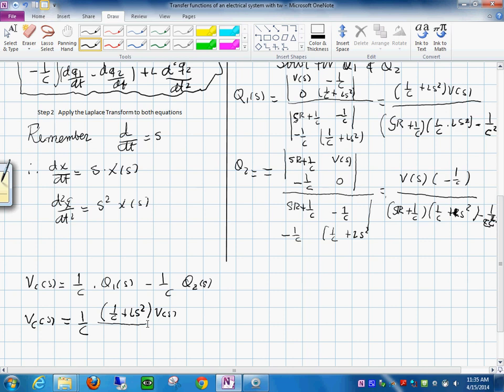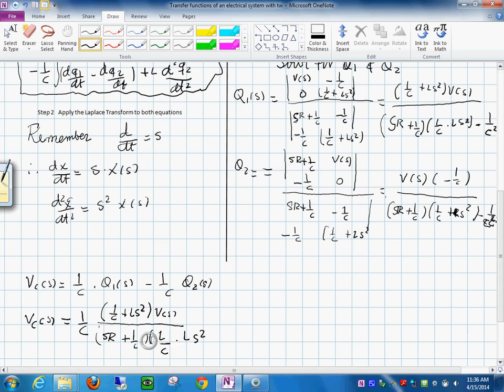And then the denominator here is R plus 1 over C times L S squared.